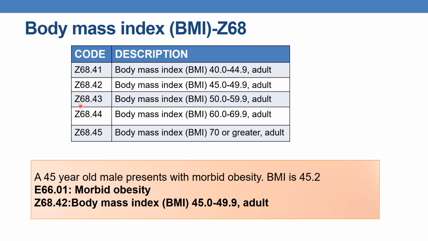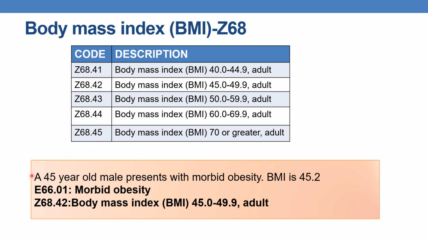The next is Z68.43, coded when the BMI is in the range 50.0 to 59.9. The next is Z68.44, coded when the BMI is in the range 60.0 to 69.9. And finally, Z68.45 is coded when the BMI is 70 or greater. The adult codes end at Z68.45.